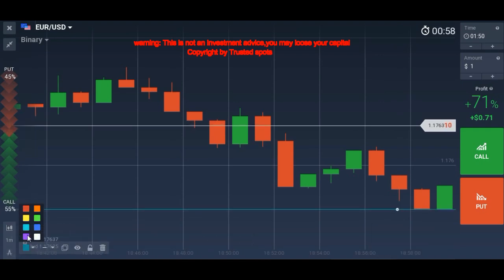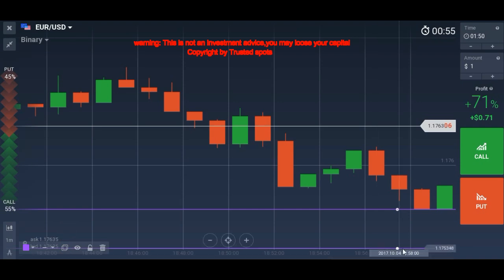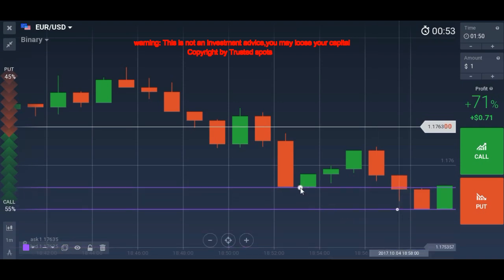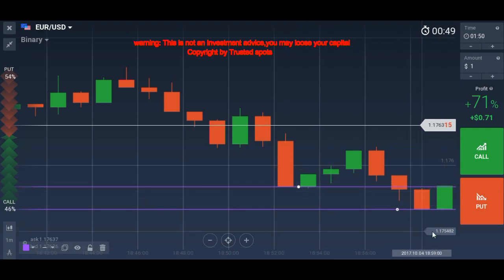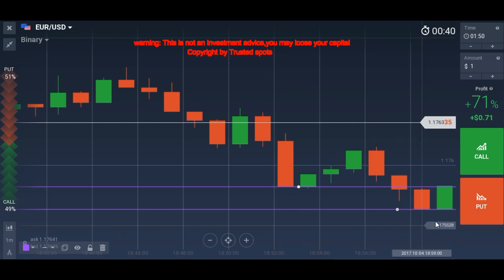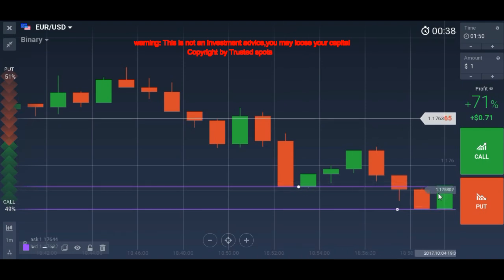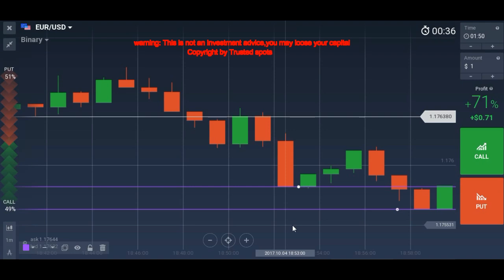I will change the color, and this was previous resistance for this candle, and you can see that this particular green candle tried to break this resistance, but it is very short. You can see the breakout is very short.